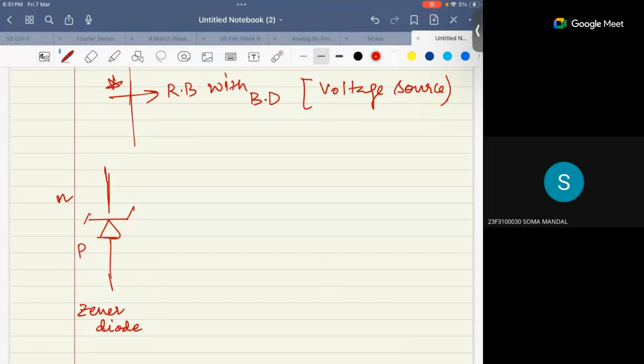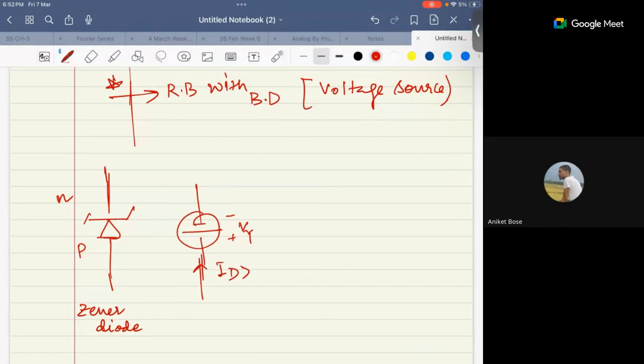If it is in forward bias, that means the potential across this PN is positive, then it will be a normal short circuit if it is ideal. If it is a practical diode, then you just have to replace it with a voltage source like this, plus minus, V cutoff. You already know that. And there will be a current, ID current, that should be positive. Is it clear?